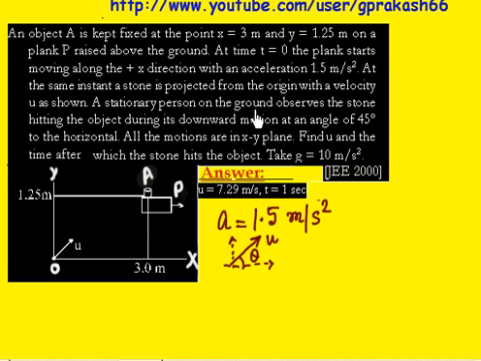Now a stationary person on the ground observes that the stone hits the object during its downward motion at an angle of 45 degrees to the horizontal. So two important points. The stone hits the object A during downward motion. Let me write this one.